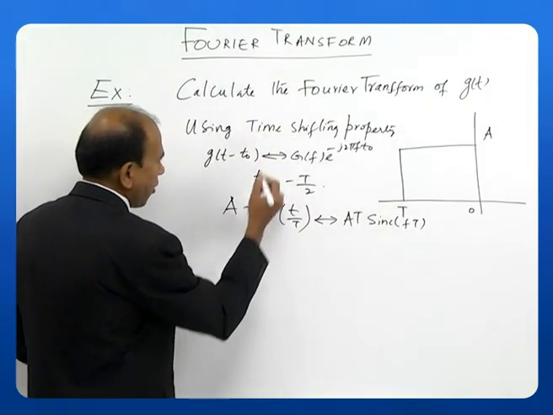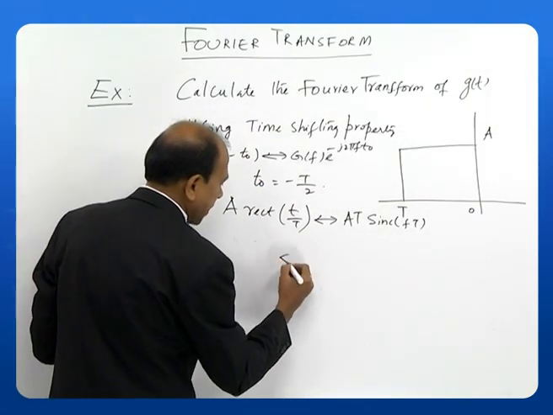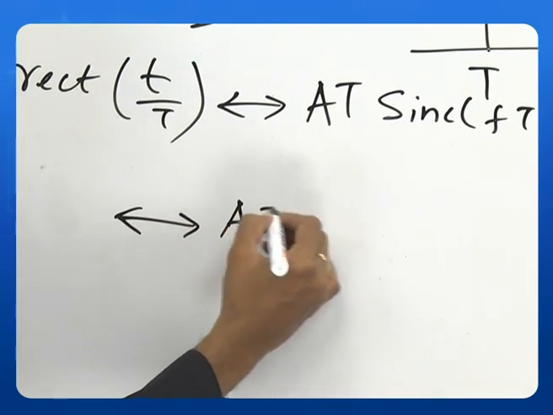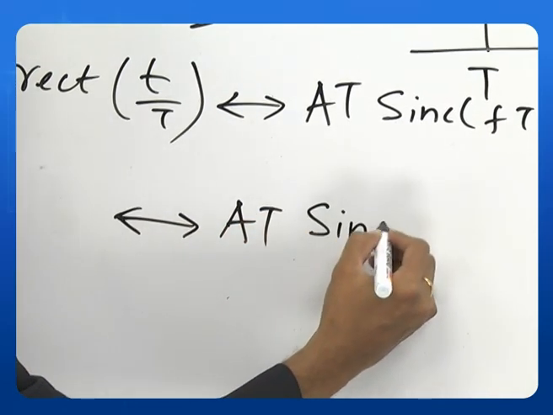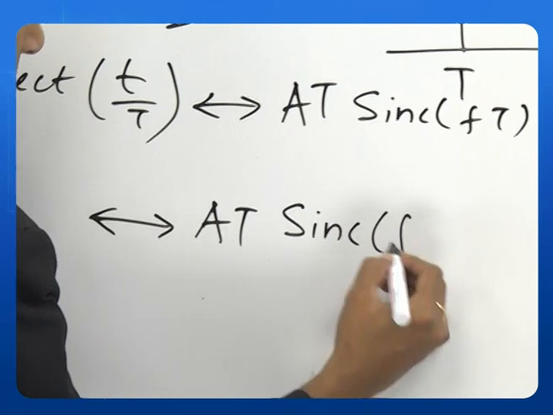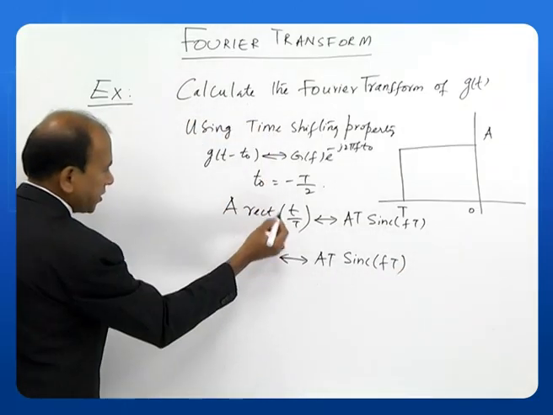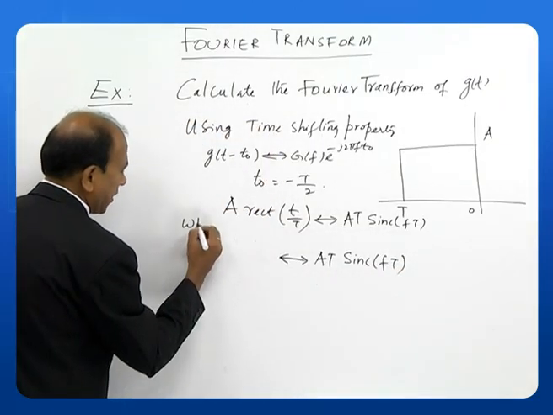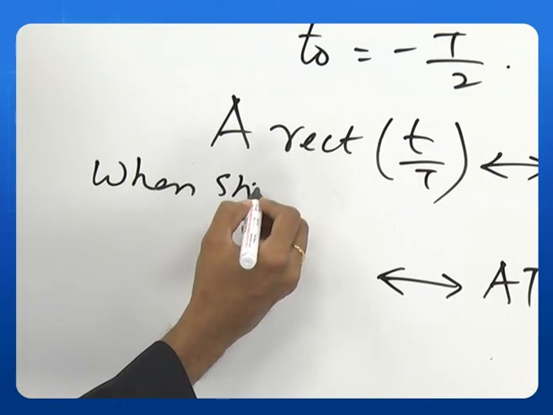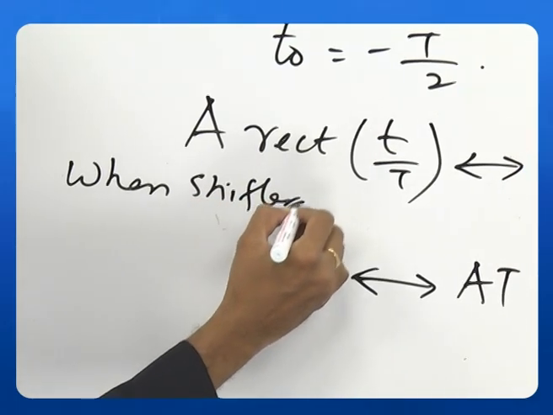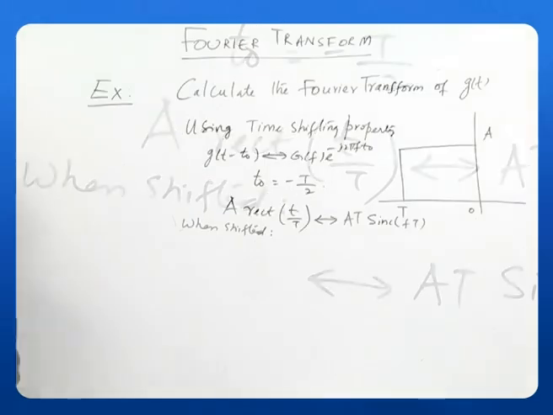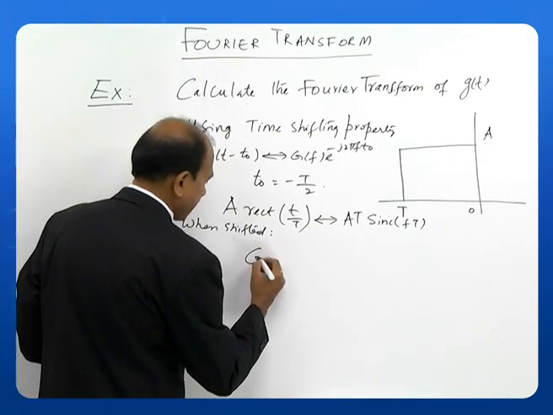Now, for us this is shifted, isn't it? So, this answer will be A T sinc(f T) when shifted by a factor. When shifted, what should be G of f?